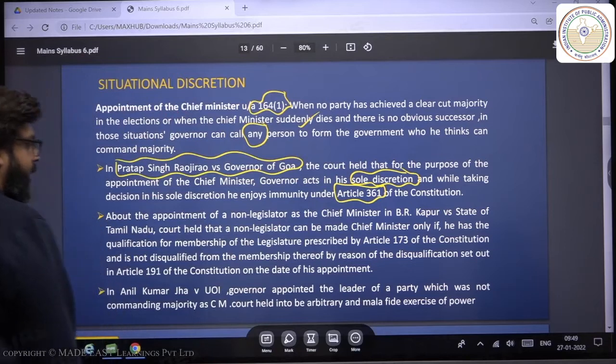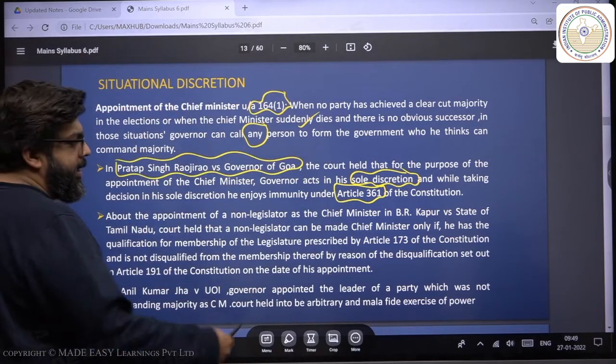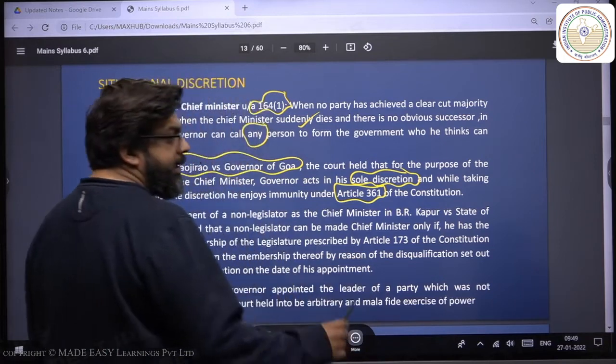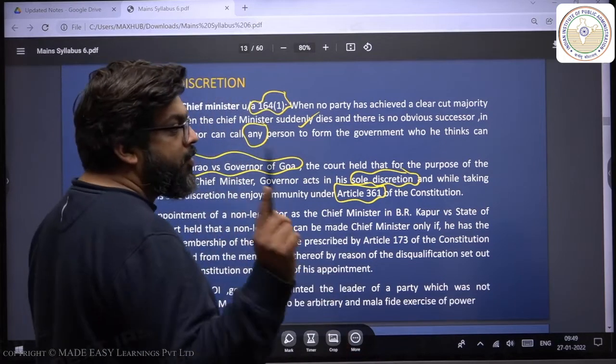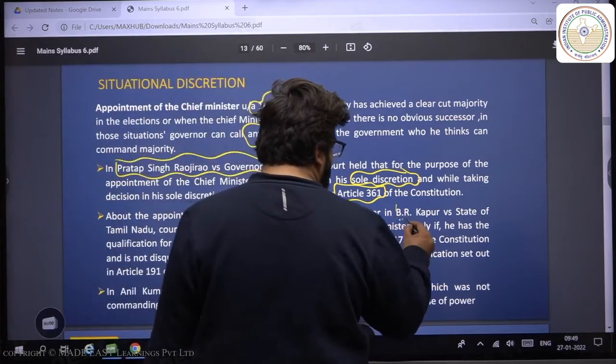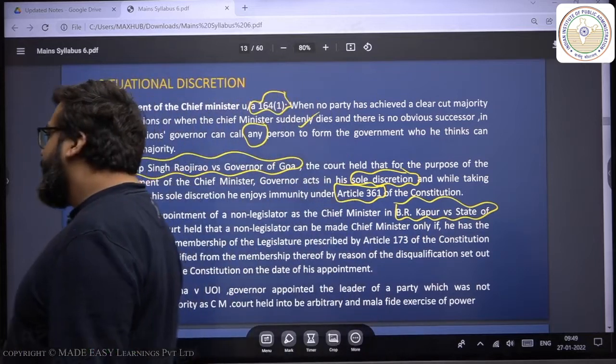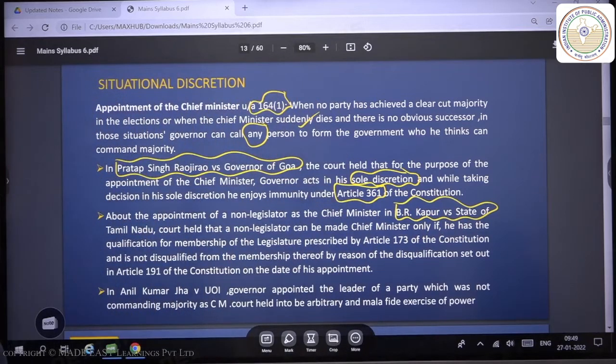Similarly, there was a case of appointment of a non-legislator as a chief minister, that the chief minister was not an MLA at the time of becoming a chief minister. These cases will not be asked. This is just to give you an example. In B.R. Kapoor versus the state of Tamil Nadu, the court said that no problem.